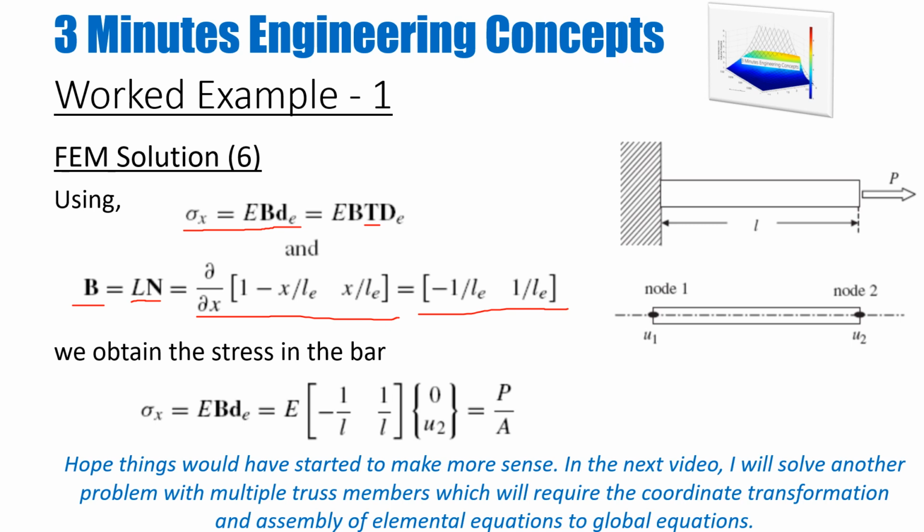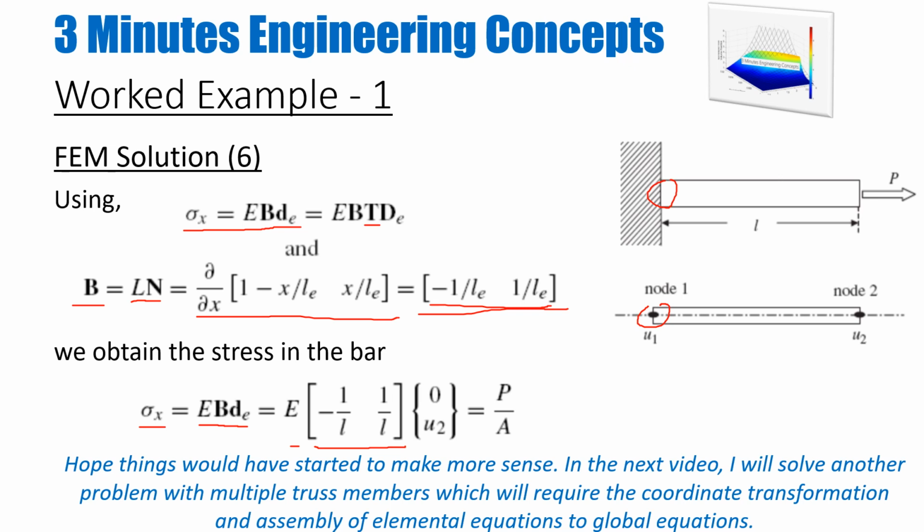So my sigma x, or stresses in x direction, will be E times B times DE. My E remains the same. My B is based on this computation here, and my displacement DE, as you remember, were U1 and U2, while U1 is 0 because it's fixed at this point, and U2 we already have computed.